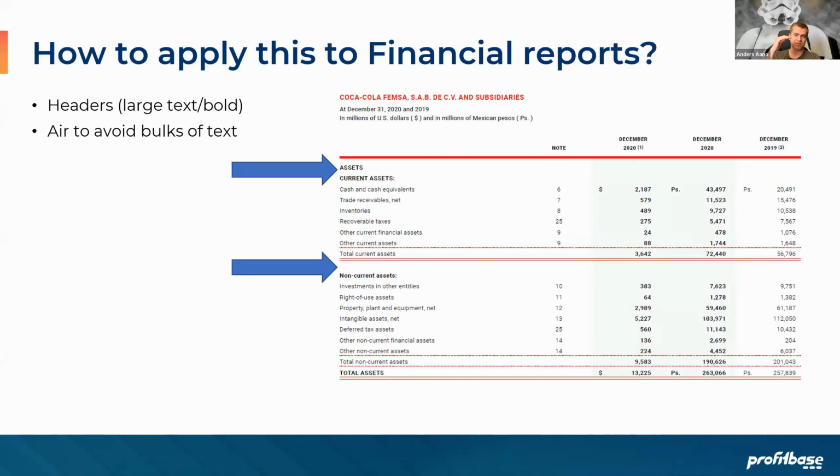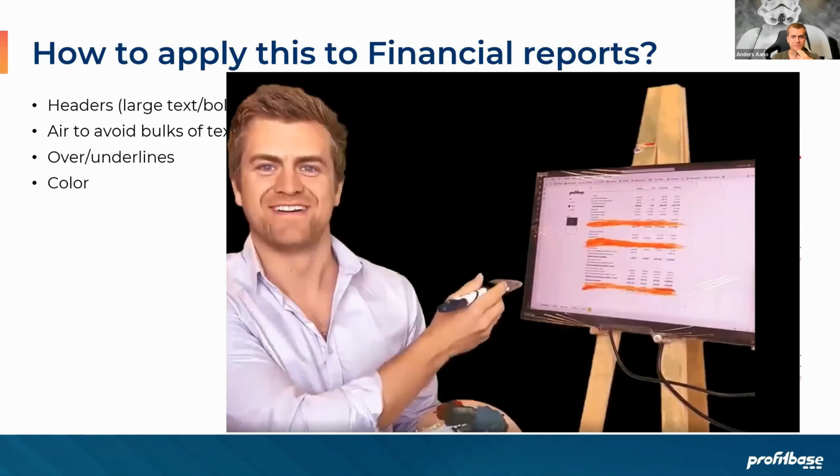So instead of all of this listed in one big bulk, it's split into sections. So it's easier to navigate and see where to focus. Using over and underlines in color to frame in the most important rows. And well, they don't use a lot of color, but I'm going to add some to my report.